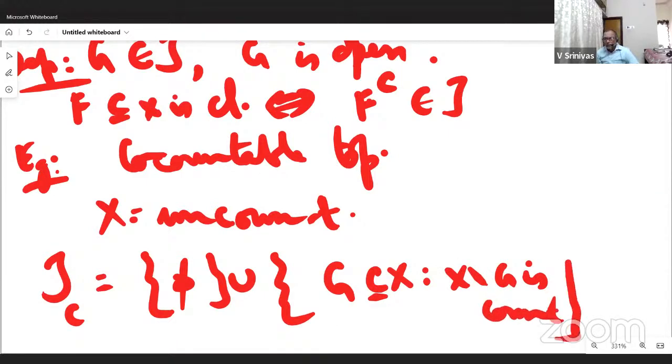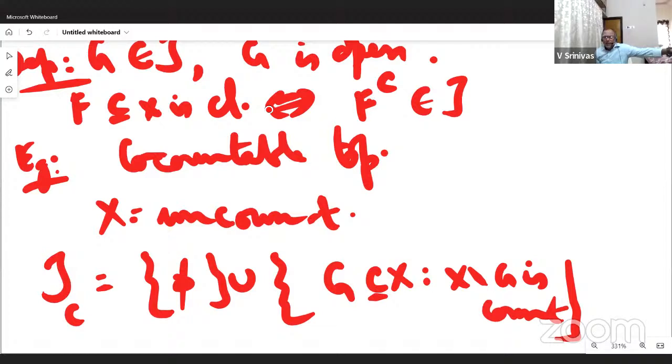So you take any uncountable set X and let tau C consist of the empty set and those sets whose complements are countable. You can see that this is a topology, called the co-countable topology. Here G becomes an open set and its complement is countable.